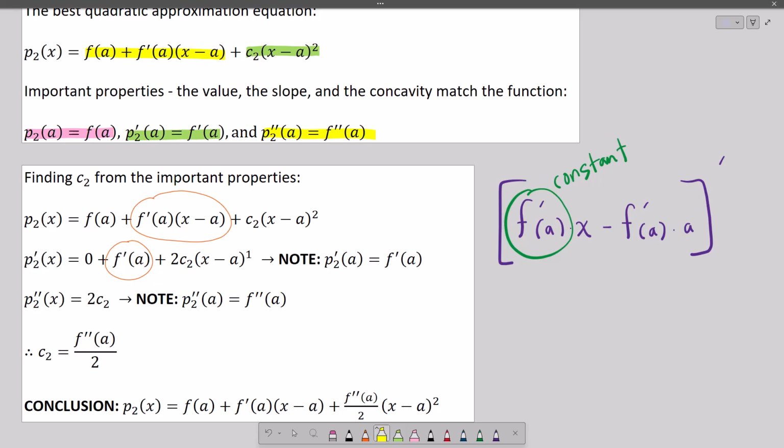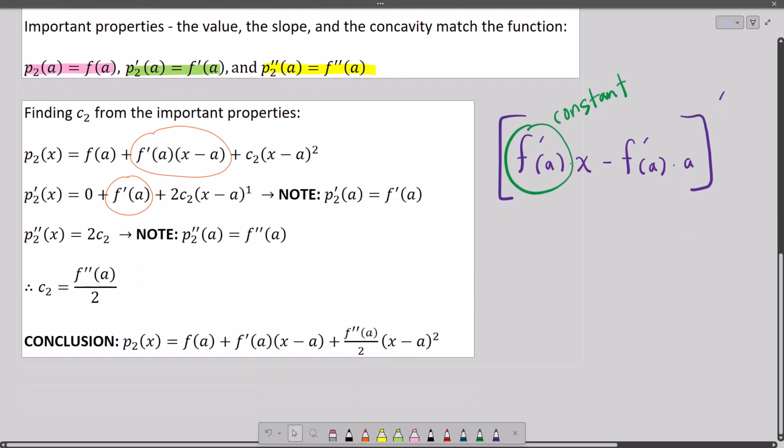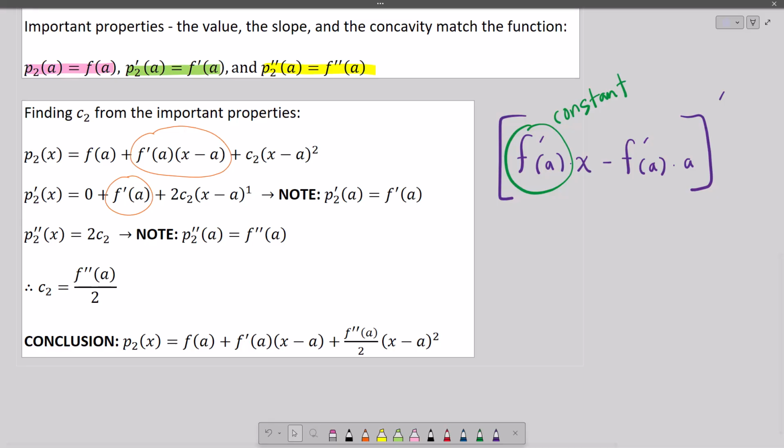So we now have the two old conditions matching. Value and slope are matching. Good. We also want this to match. So take the derivative again. So now we're differentiating this thing, p sub 2 prime. Well, this is a constant, so its derivative is 0. So these two things go away. So now we're just differentiating. The only thing left to differentiate is this part right here.